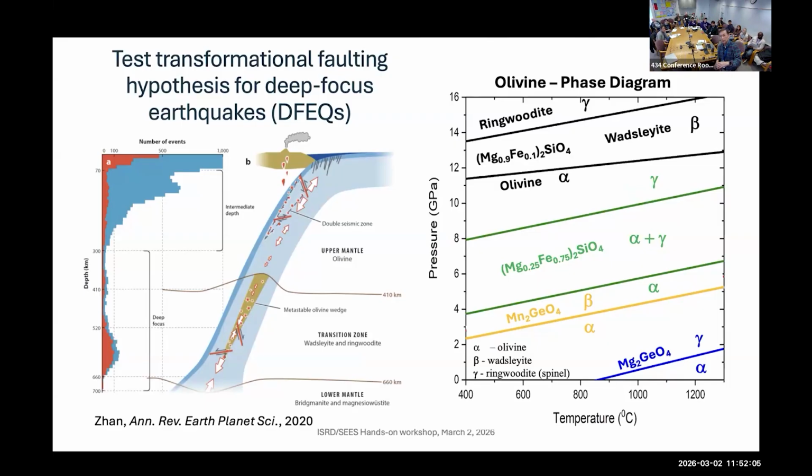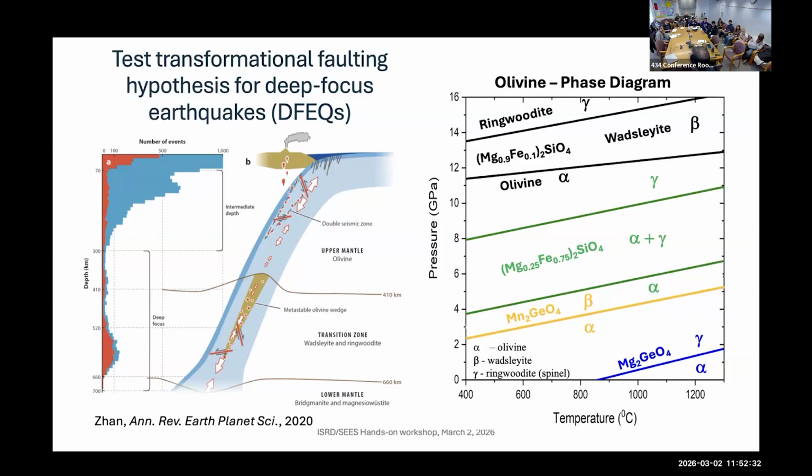We can't really do the real silicate ringwoodite or wadsleyite at 12, 14 GPa, but we have a number of different analog materials, Mg2GeO4 or Mn2GeO4. This one transforms directly from olivine to ringwoodite. This one transforms to wadsleyite.